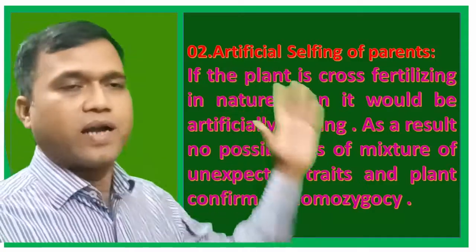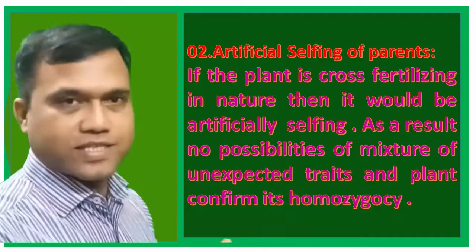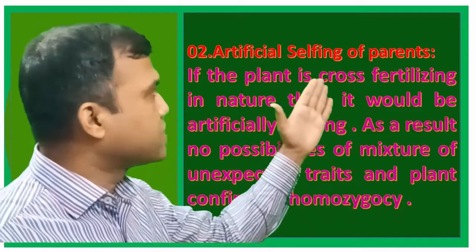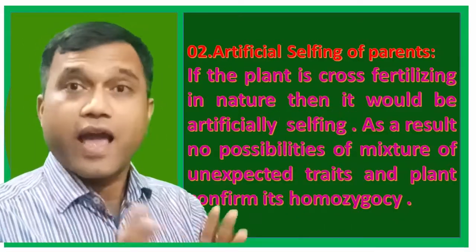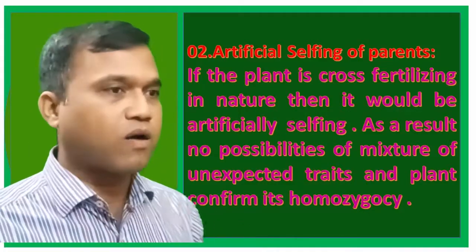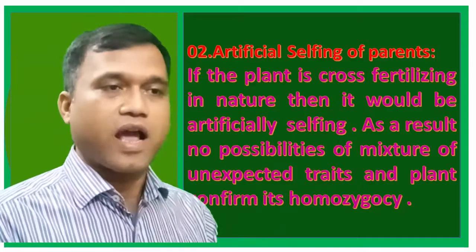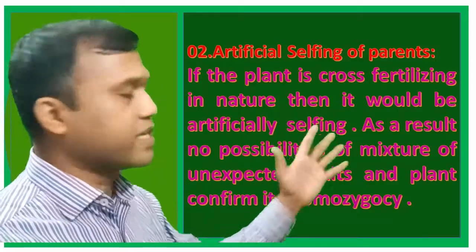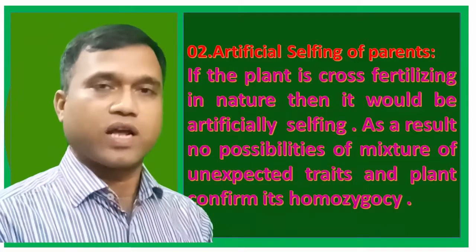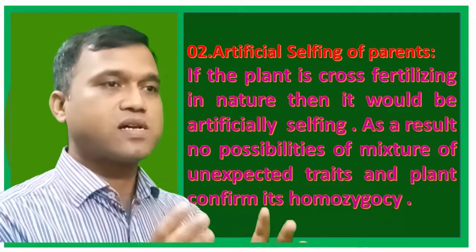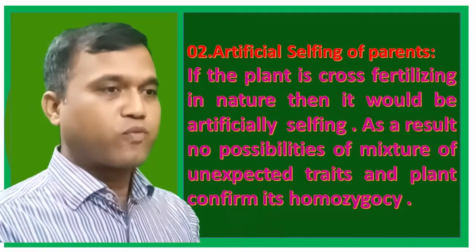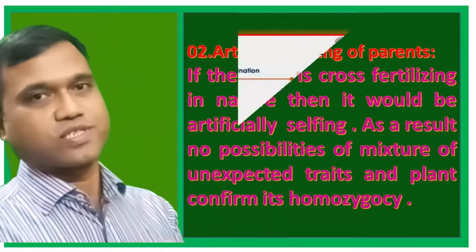If the plant is cross fertilizing in nature, then it should be artificially selfed. As a result, there is no possibility of a mixture of unexpected traits and the plant confirms its homozygosity. So the main notion of artificial selfing of parents is to confirm homozygosity.